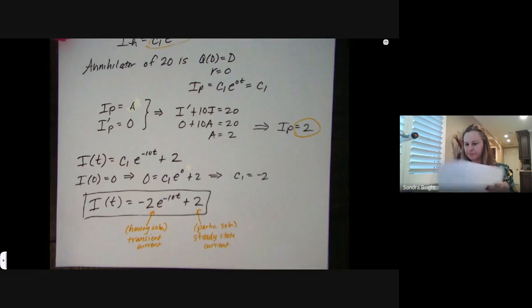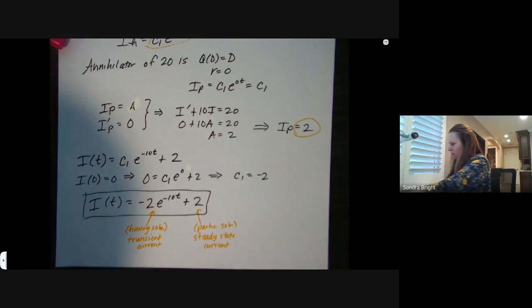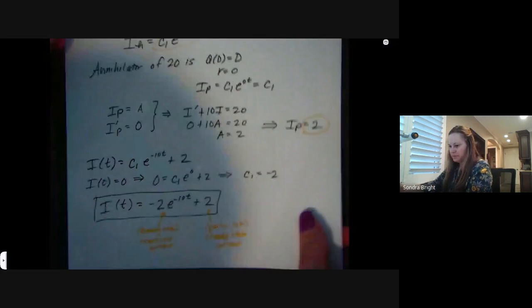Let's do another example. And this time we're going to have a sine. All right, example 2.